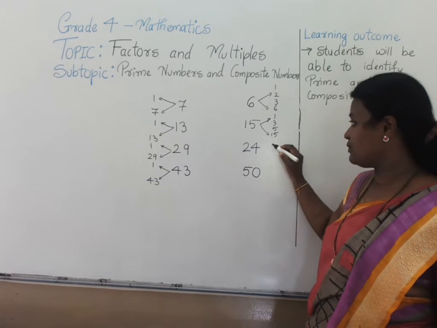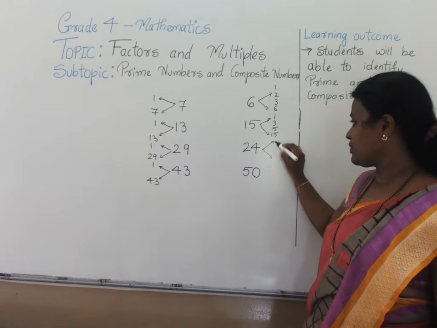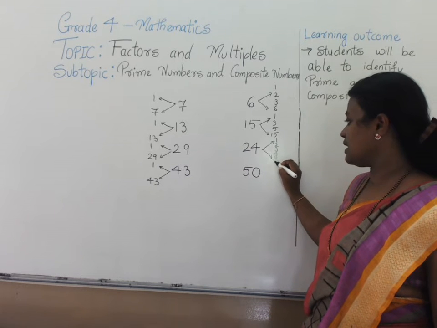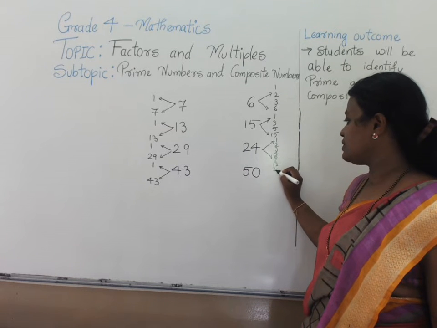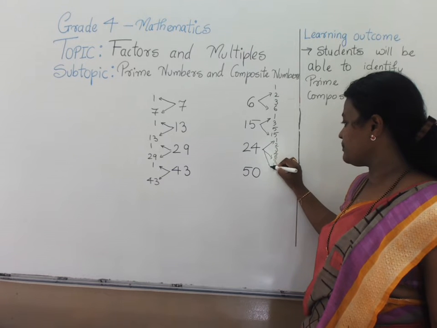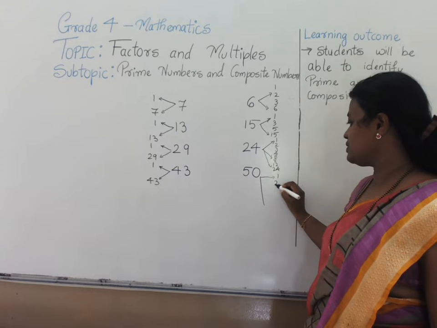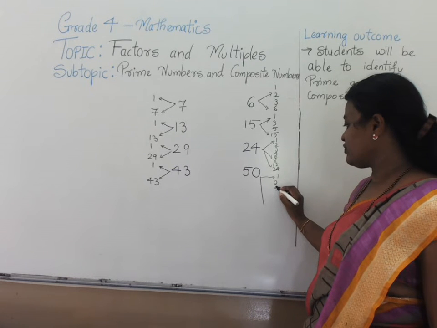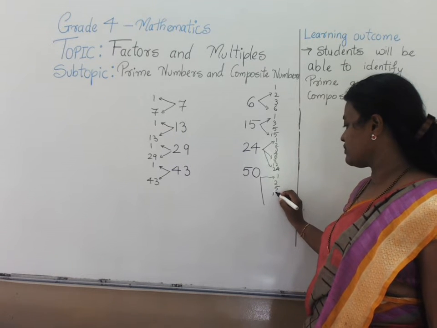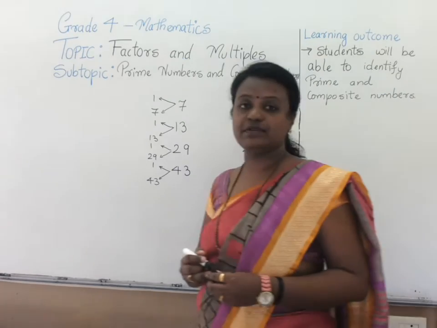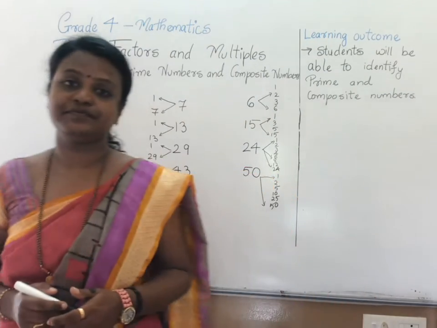Factors of 24: 1, 2, 3, 4, 6, 8, 12, 24. Factors of 50: 1, 2, 5, 10, 25, 50. What did you note as the difference in both the sides?